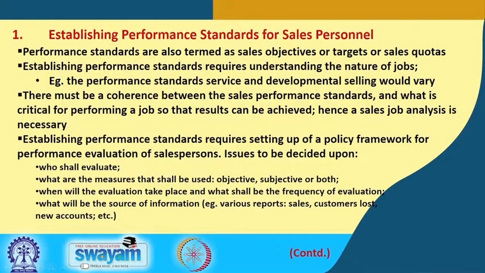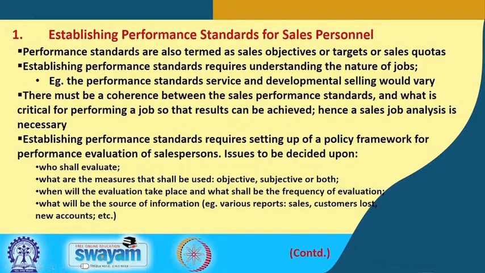Now, performance standards are also called sales objectives or targets or sales quotas, and it involves establishing performance standards based on the nature of the job. So whenever standards have to be set for sales personnel, it is very important that they are based on the nature of the job, and there has to be a coherence between the sales performance standards and what is critical for performing a job, so that the desired results can be obtained.